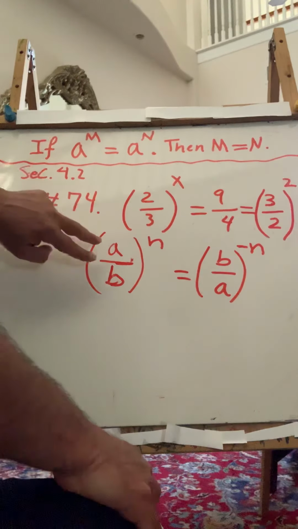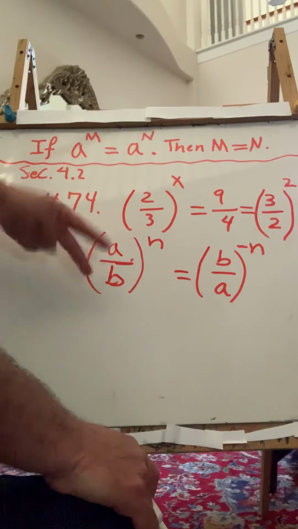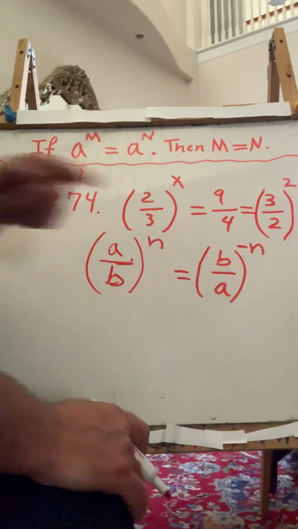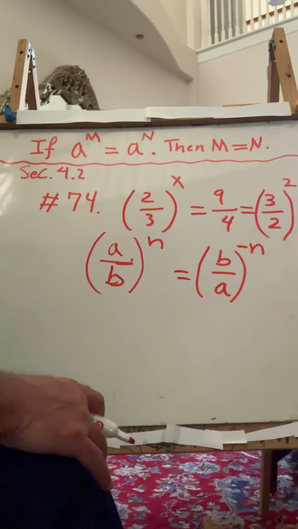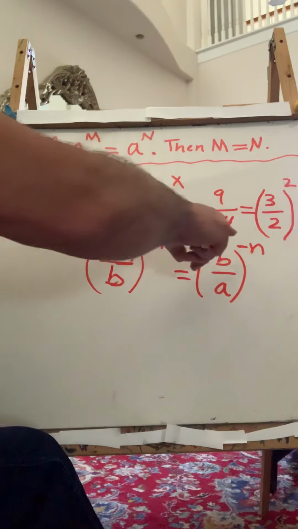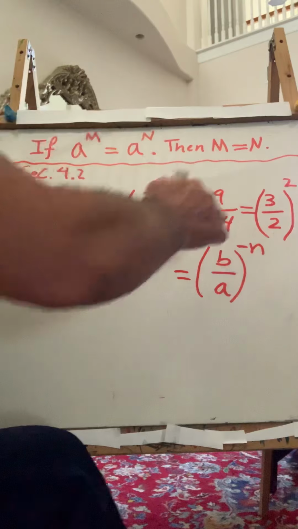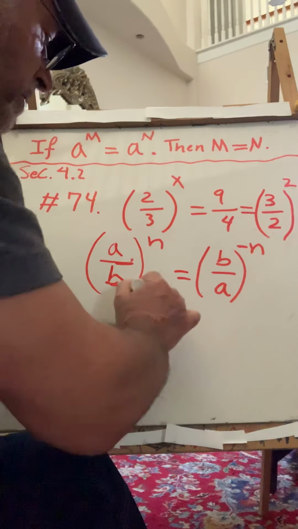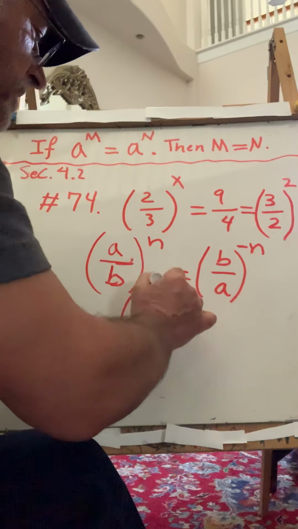So anytime you have a fraction raised to any exponent, if you want that fraction or that base to be reciprocated, you can reciprocate it. You just have to make sure you change the sign of your exponent. So if I apply the rule that I just gave you to the right-hand side, the left-hand side is still going to be 2/3 raised to x.